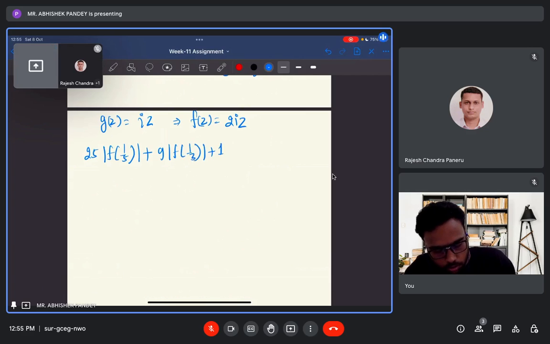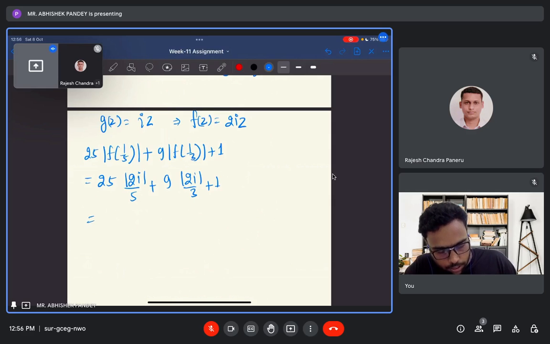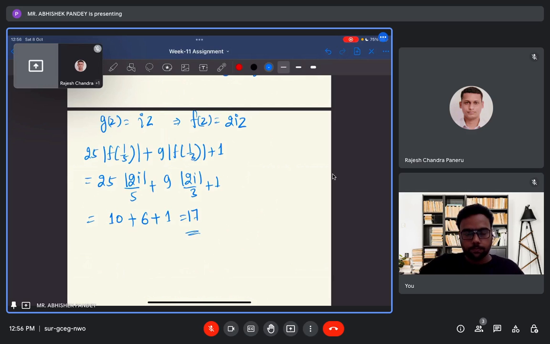So this you will calculate as modulus of 2i upon 5, times 25, plus 9 times modulus of 2i upon 3, plus 1. This will be nothing but 10 plus 6 plus 1, which is 7. Okay, so we are done with the assignment.